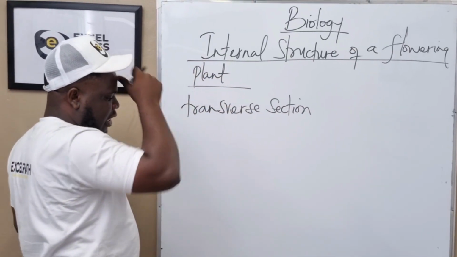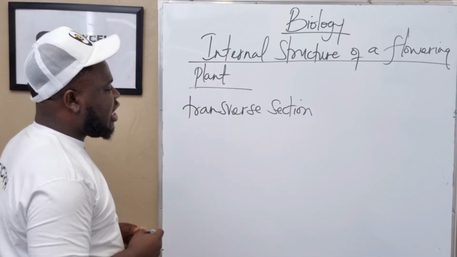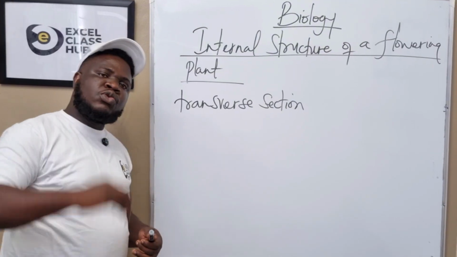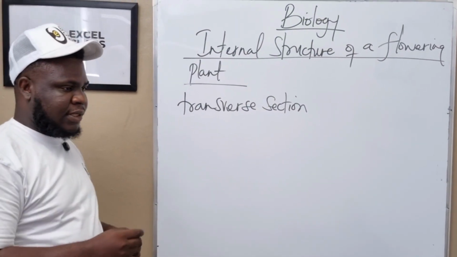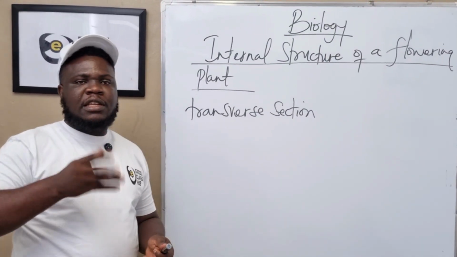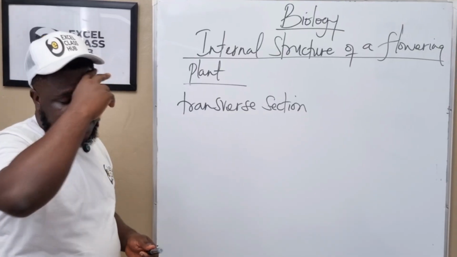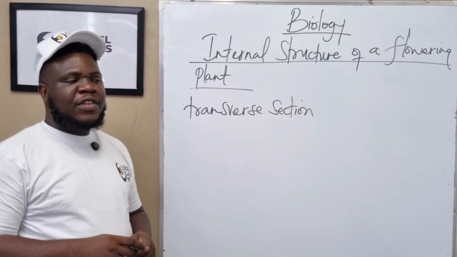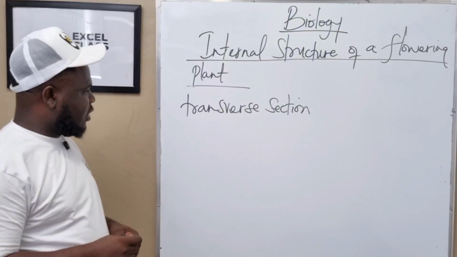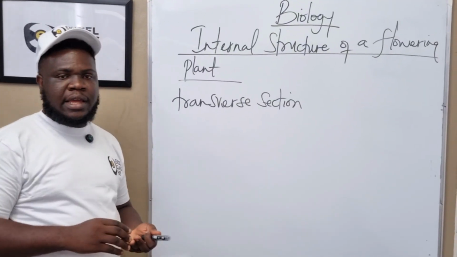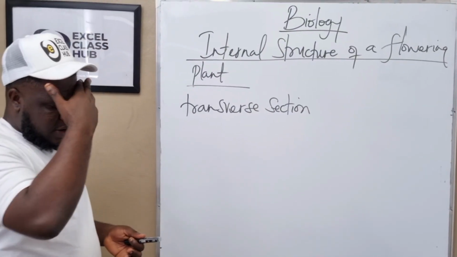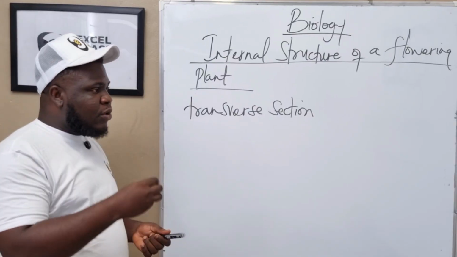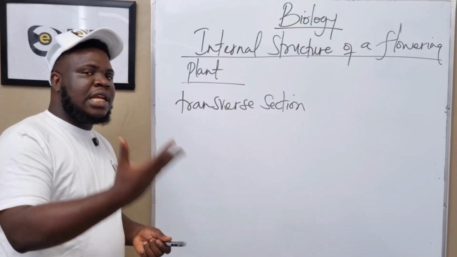For instance, if we want to study the internal structure of the roots of a flowering plant, the first thing we do is take a transverse section of that part, the root. Then after taking a transverse section of it, we stain with a dye. Why do we stain with a dye?